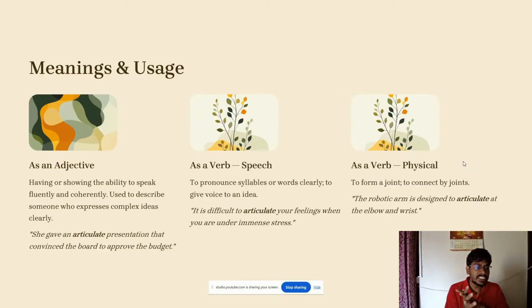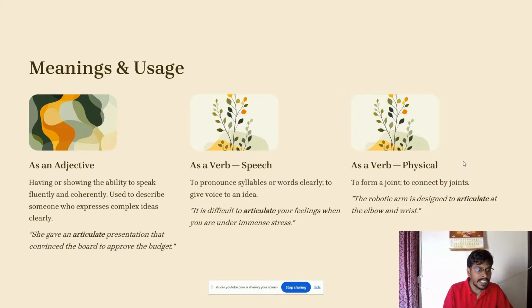As an adjective, it means having or showing the ability to speak fluently and coherently. So if a person is able to speak very fluently and coherently, then we use the word articulate. It is used to describe someone who expresses complex ideas clearly and in a precise manner.